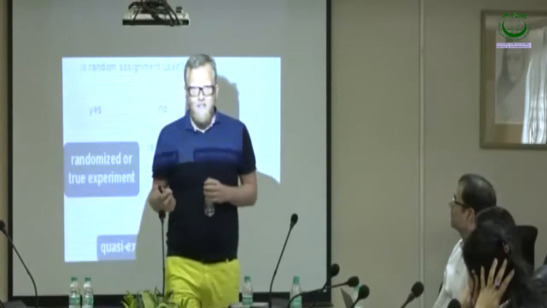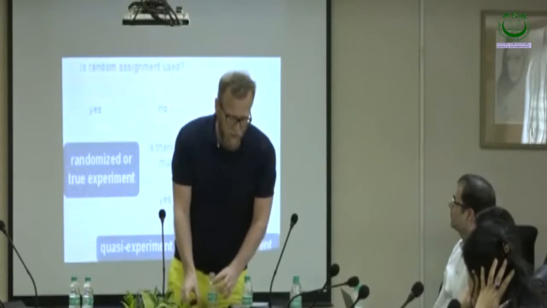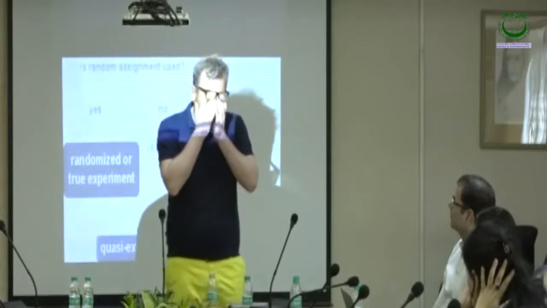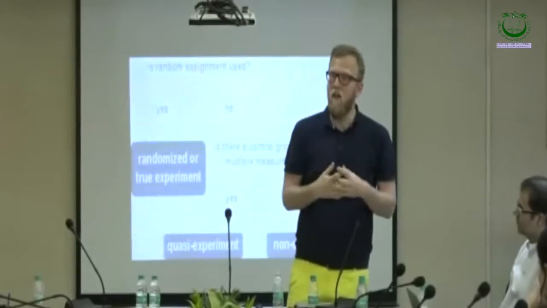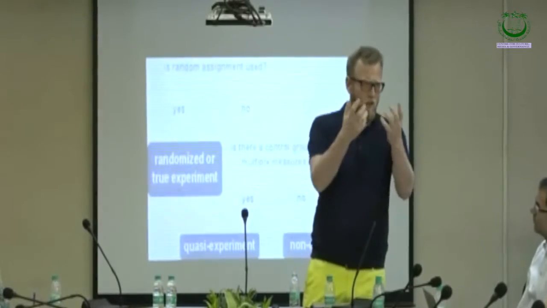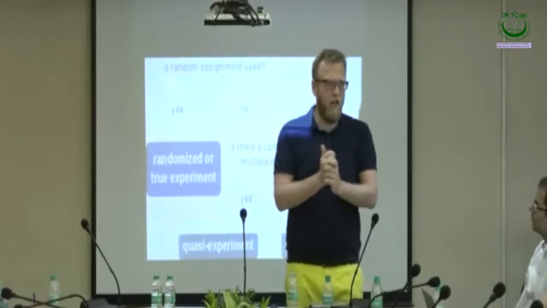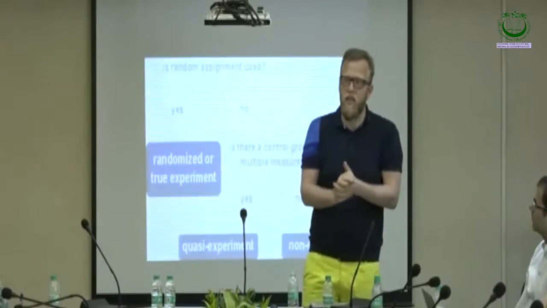Sometimes you can do something which colleagues of mine did for the last Vienna local elections. They were interested in what type of information would increase turnout. Whether it would matter if you tell people that it's a close race, for instance. Because we all assume that a close race would increase turnout because it matters, right?